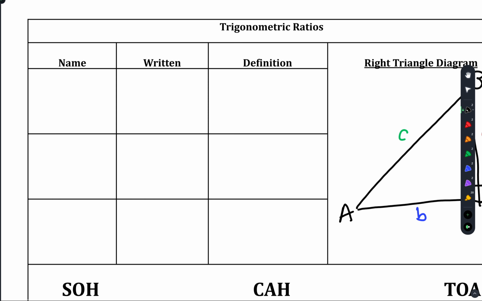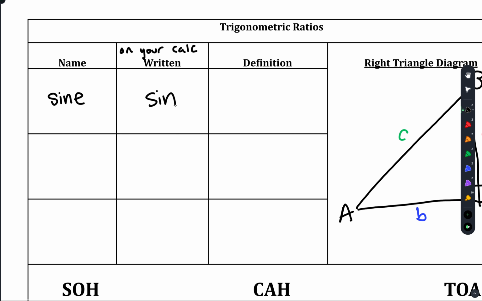The first one is called sine. Sine, S-I-N-E. On your calculators, you will see it abbreviated to S-I-N. We do not pronounce that sin. That is sine. That's one of Miss Lisa's pet peeves.